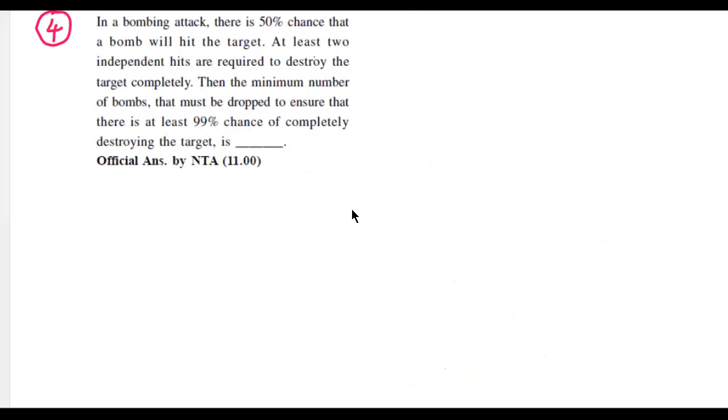This is a random variable related problem. In a bombing attack, there is a 50% chance that a bomb will hit the target. Hitting the target is a success. So p is the success, q is the failure. 50% hit the target means p is equal to 50 by 100, that is 1 by 2.